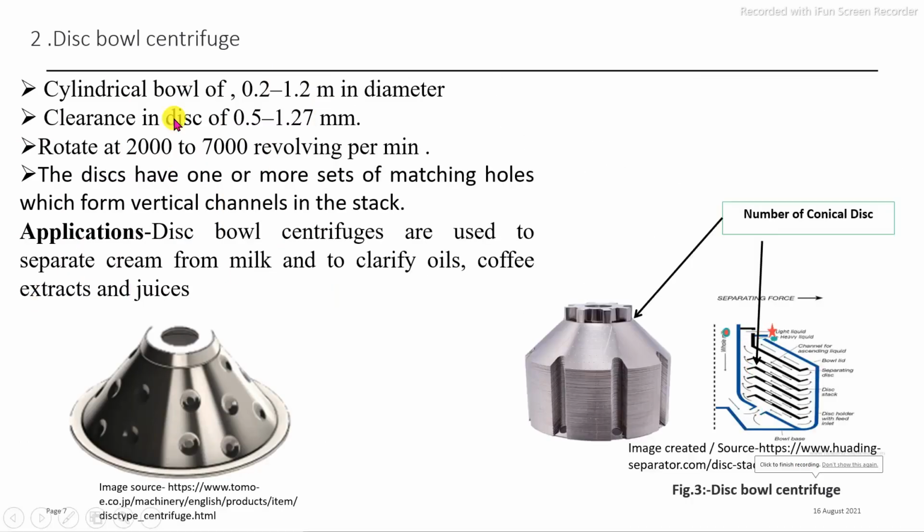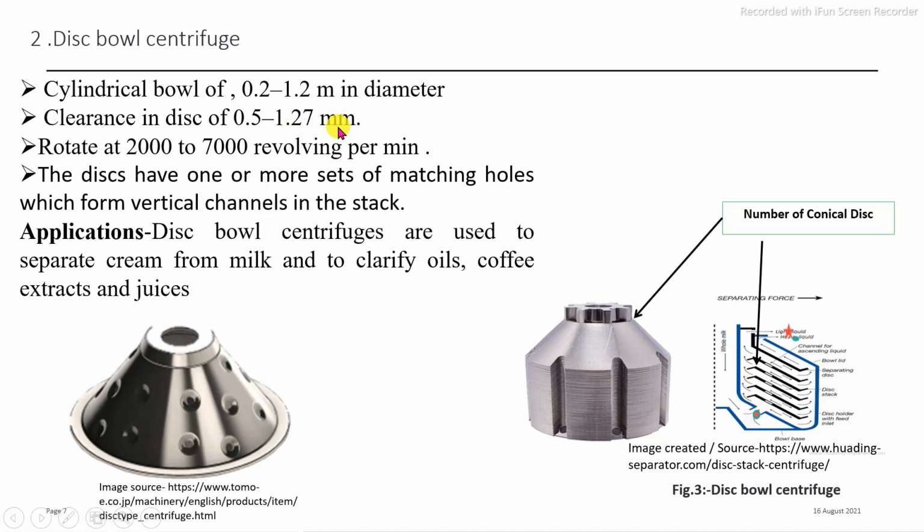The second is the disc bowl centrifuge. The disc bowl centrifuge is basically a rotating bowl with a number of conical discs fitted inside the rotating bowl. The clearance between the discs is 0.5 to 1.27 millimeter.